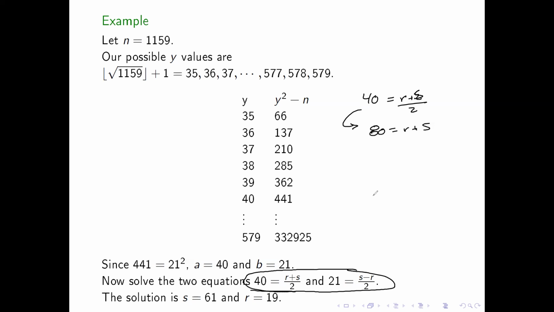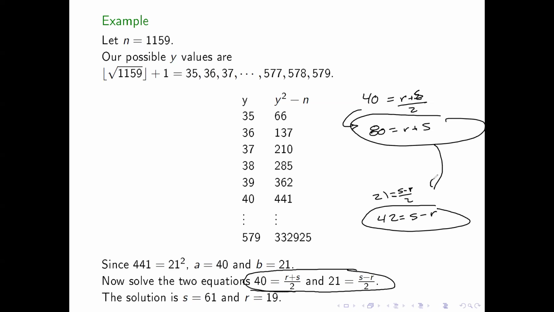And then similarly, 21 equals s minus r over 2. So 42 equals s minus r. And I just took these two equations and combined them together to get my answer.